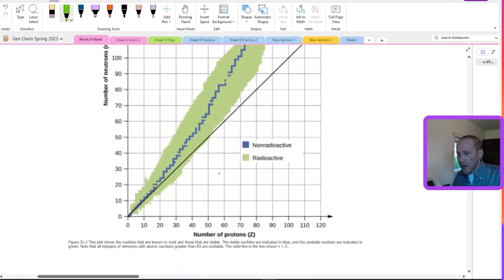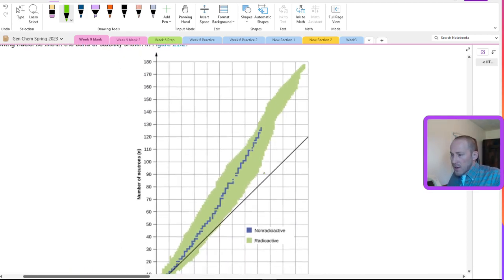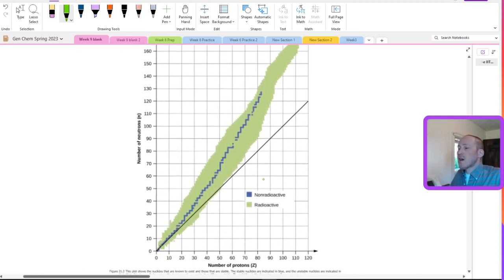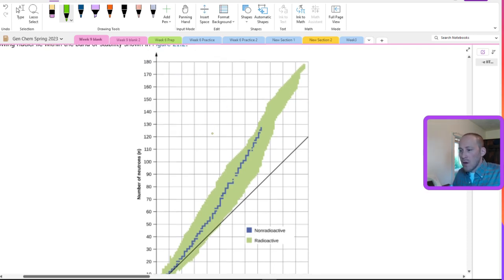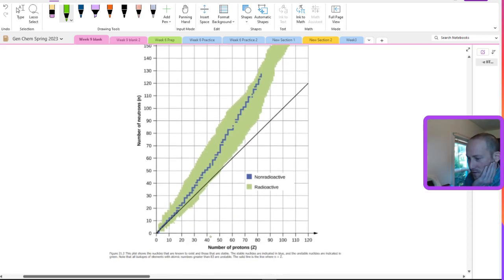So that's one thing about this chart, is that you're essentially not in nature going to find combinations of protons and neutrons that don't lie within this band of stability, because let's say you somehow got 40 protons and 110 neutrons together, and you tried to force them to hang out here, they would split up and probably break into a couple of these and this, and then decay, and etc.